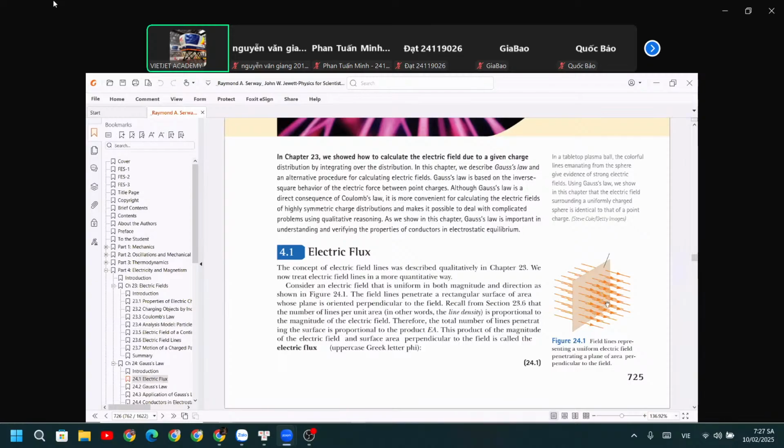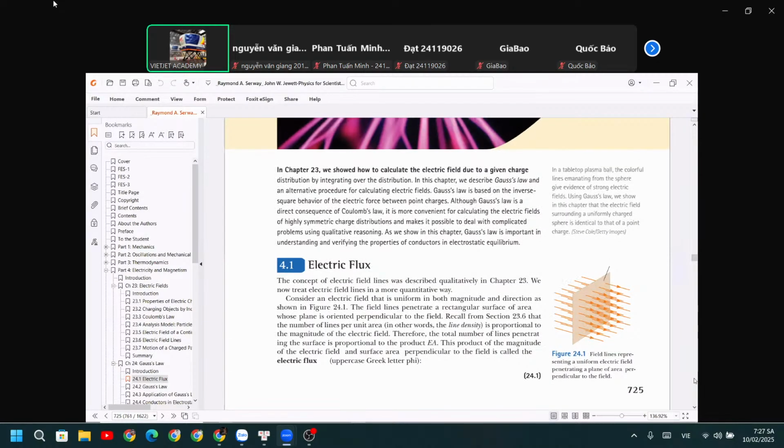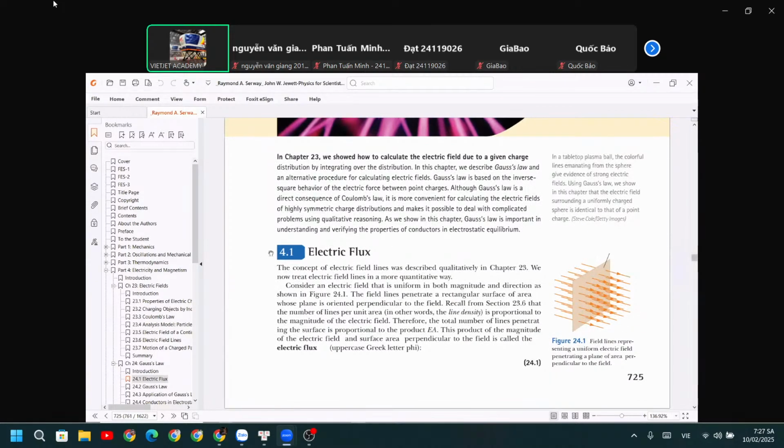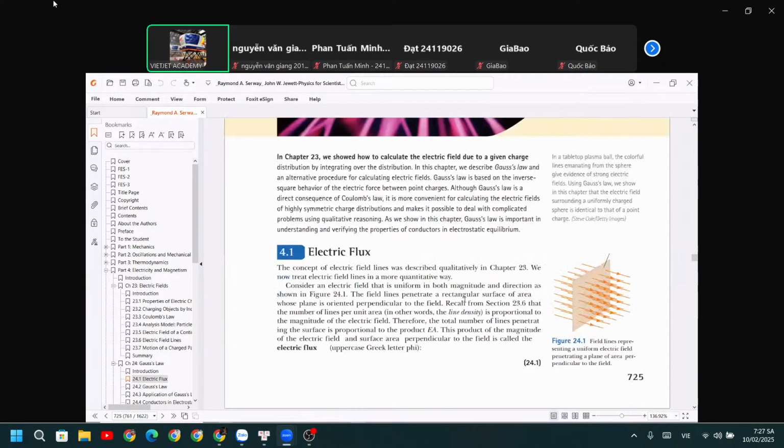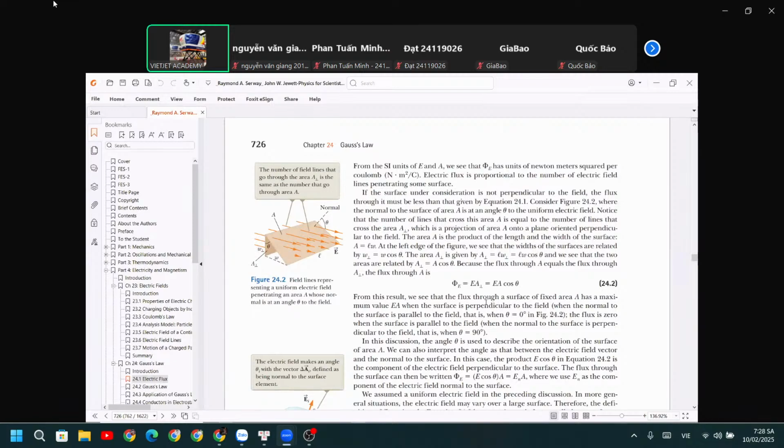But if you have some angle between the lines and the area, as here, we want to calculate the flux through this area, and the normal vector of this area makes an angle theta with the electric field lines. So you have the formula here.